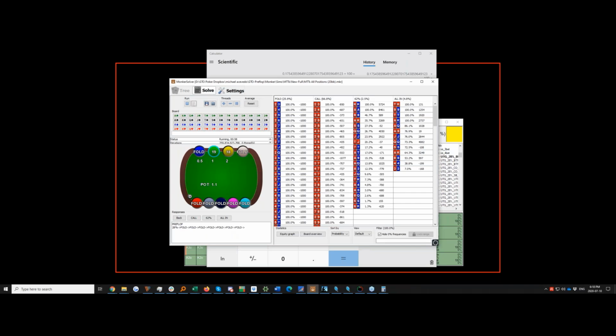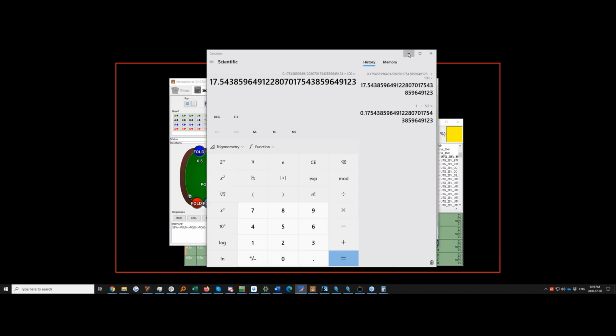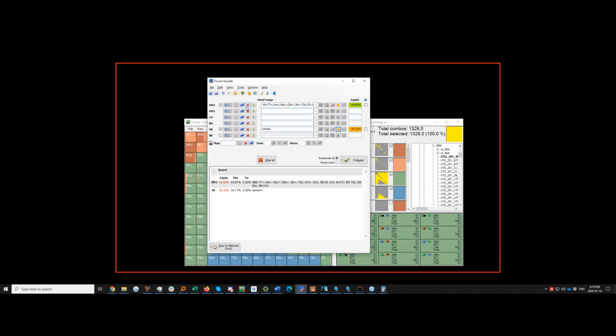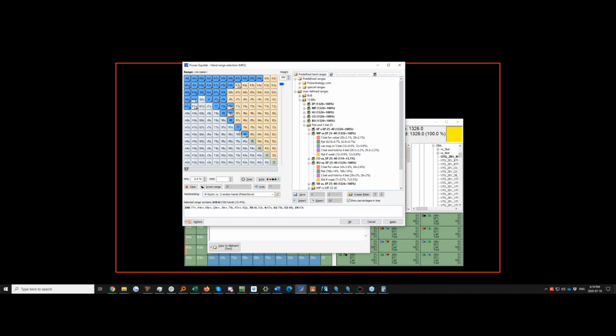But let's check out something in an equity calculator first. I'm giving early position the range from Monker Solver, the exact same range.